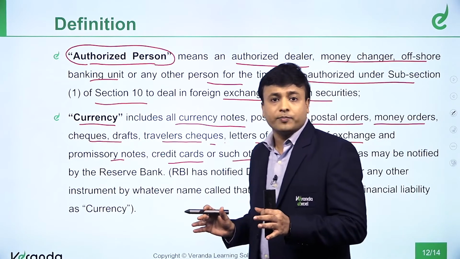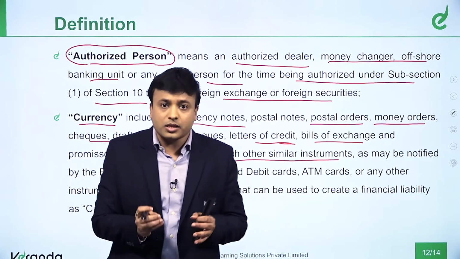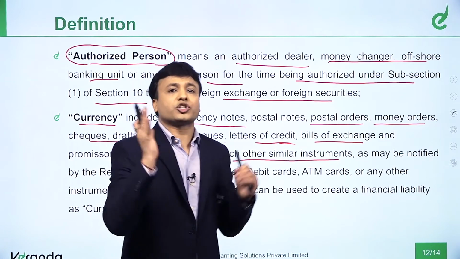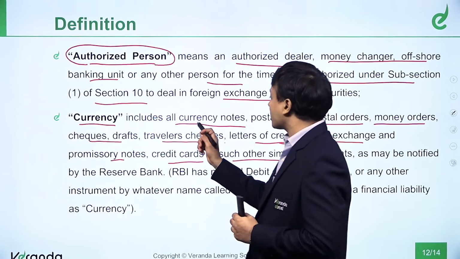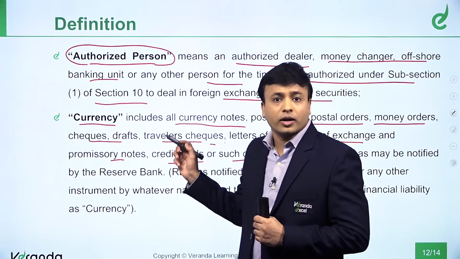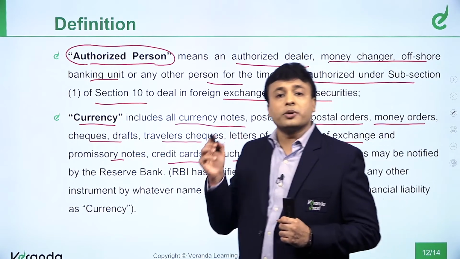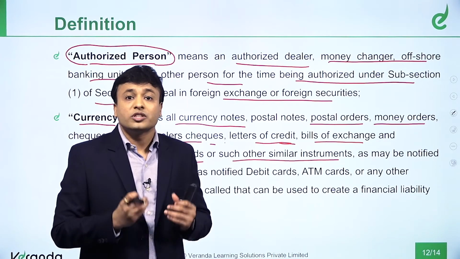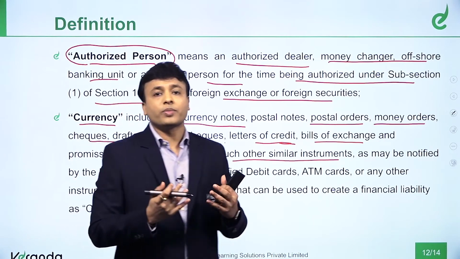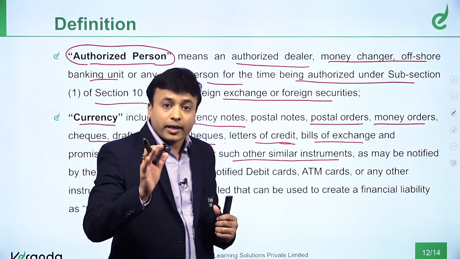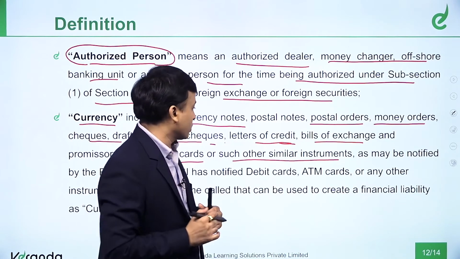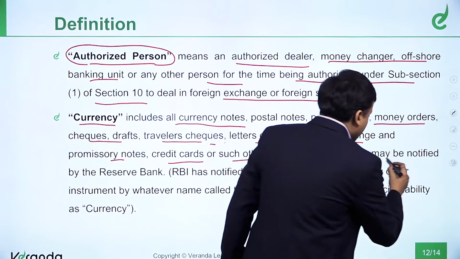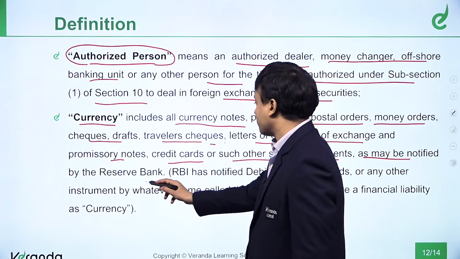See, basically we are trying to cover anything which creates a financial liability. So all your currency notes, your checks, your drafts, your credit cards, your debit cards, what are these? These are instruments which result in creation of a financial liability, and that is what the section is trying to say. So as may be notified by the Reserve Bank of India.